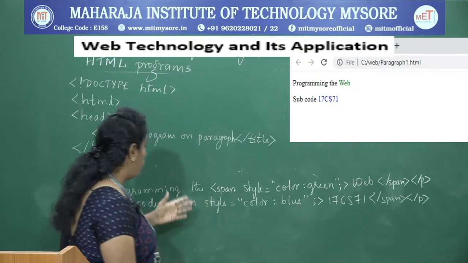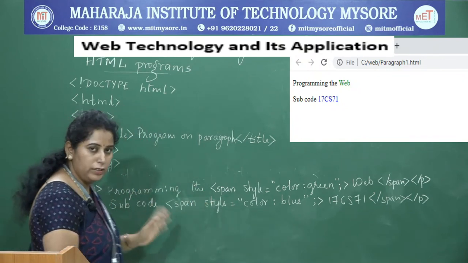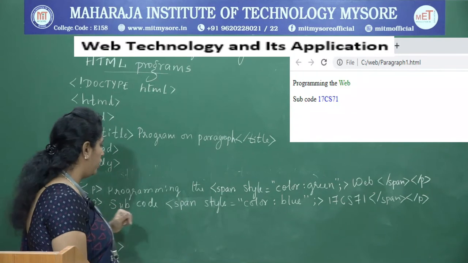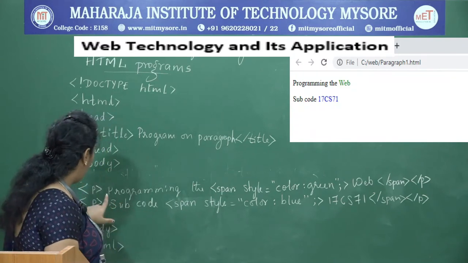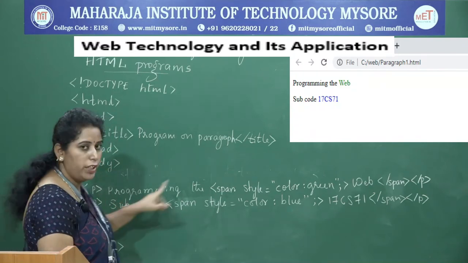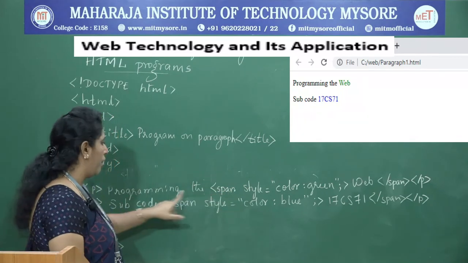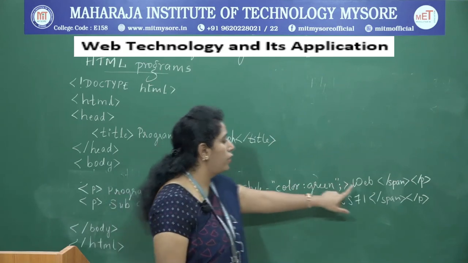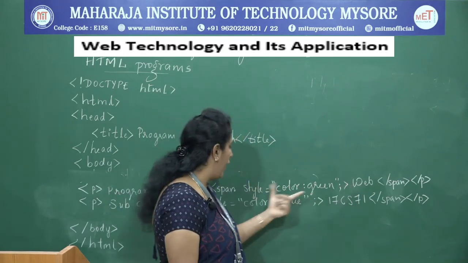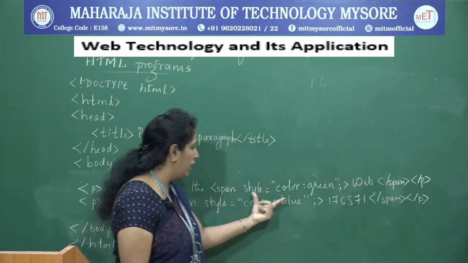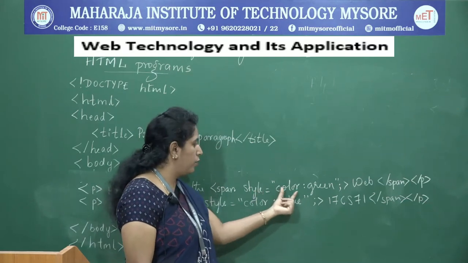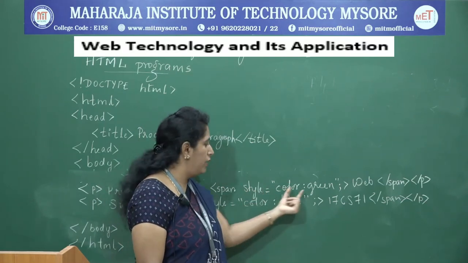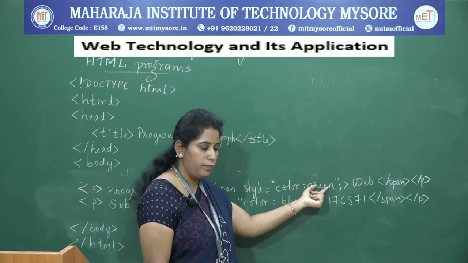Now what I have changed in this logic: I am printing the text using the paragraph tag, programming the web, and only for the particular text I am changing the color with the attribute style, and the color I am assigning is green.